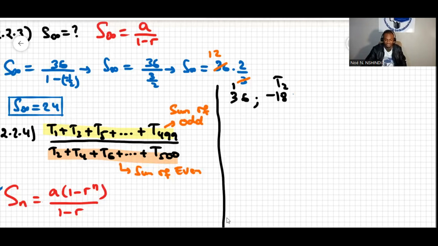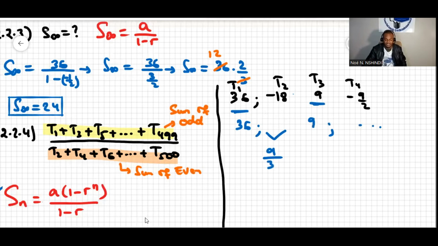That's T1. I just want to make you understand this. And then 9 is T3, and the following term T4 was -9/2, etc. But now, if I consider T1 and T3, the terms now are like 36, 9, and then etc. So now the constant ratio here will be 9/36, which is equal to a quarter.